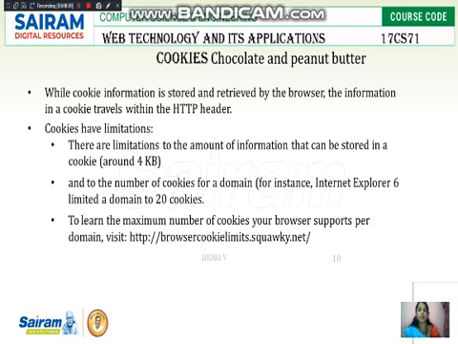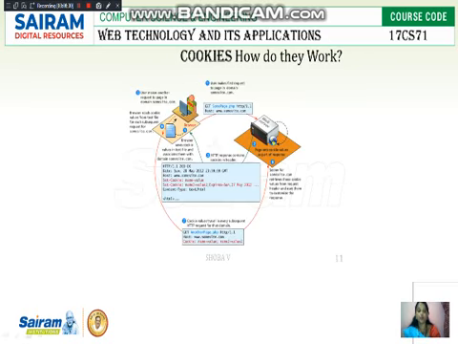Comparing this to sessions, a session is different, which we will see. Browsers like Opera, Safari and Mozilla Firefox, and Internet Explorer 5 and 6, have some limitations in accessing those pages, but version 7 and above has a lot of advanced features.